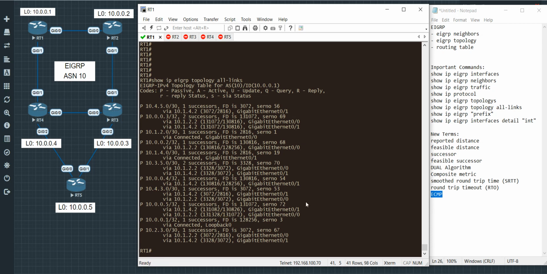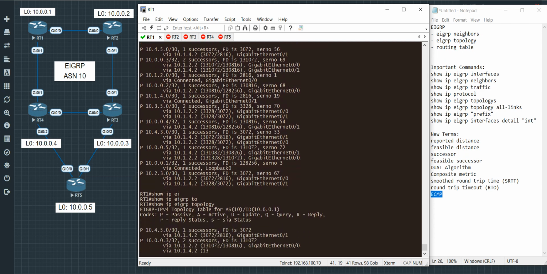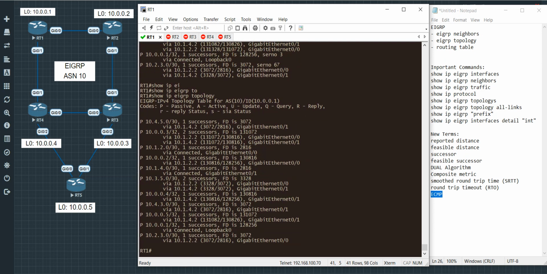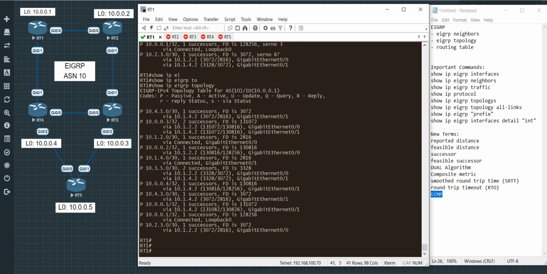So if we run the show ip eigrp topology command, we should be seeing a second route here. Because this is a virtual lab environment, sometimes you have to restart the process to take effect.